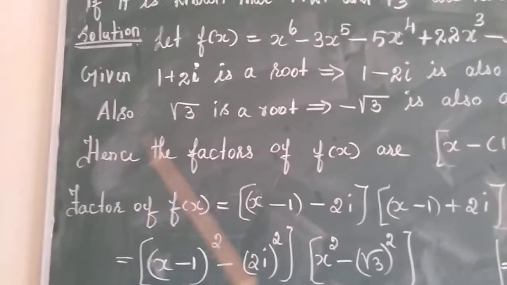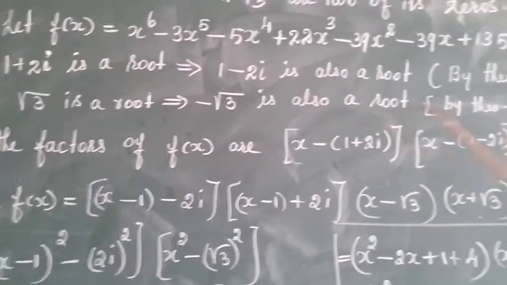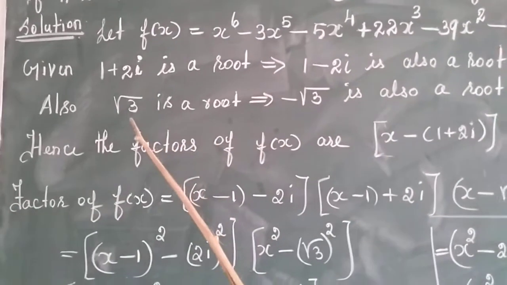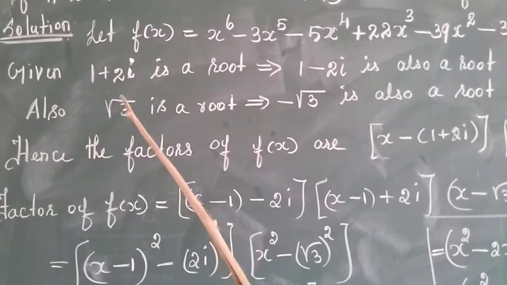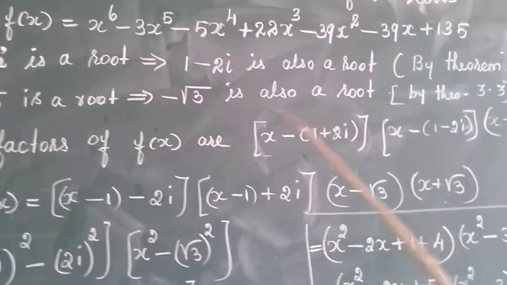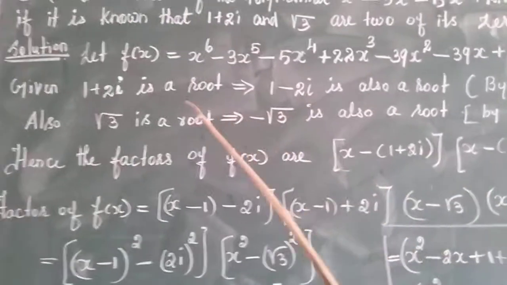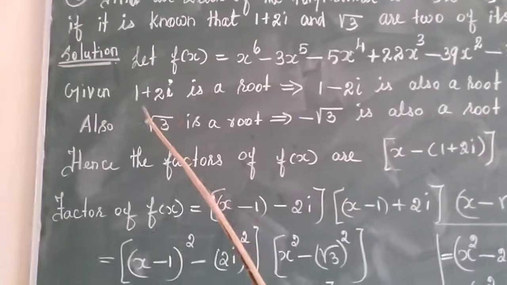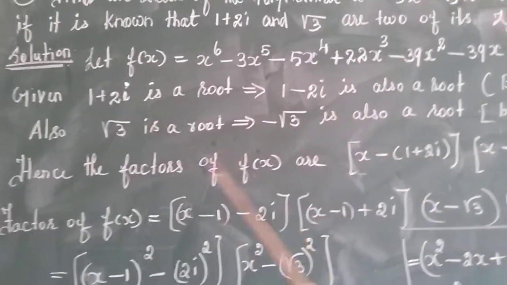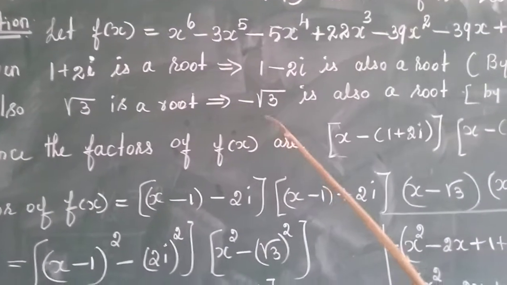Similarly, root 3 is a root means minus root 3 is also a root by theorem 3.3. Here this is an irrational number, and when an irrational number is a root, its conjugate also will become another root of the equation. So finally we got 4 roots: one is 1 plus 2i, another is 1 minus 2i, the third is root 3, and the fourth is minus root 3.